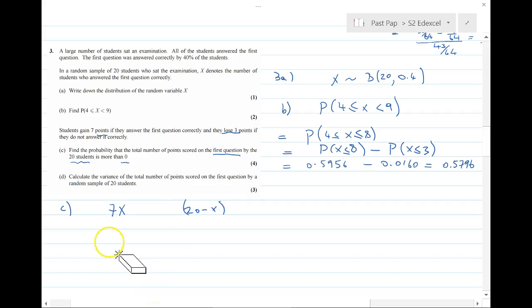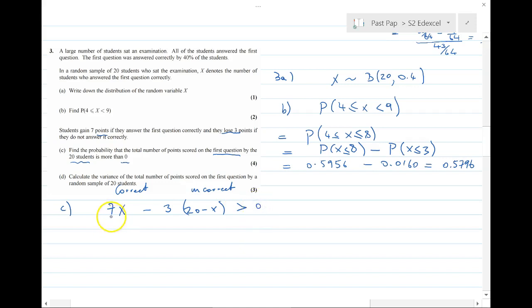Okay, so x are getting it correct. Let's take the 7 out for the time being. X correct and 20 minus x incorrect. But they get 7 for a correct one, and they get -3, or taking away 3, if it's incorrect. And we want this to be more than 0.